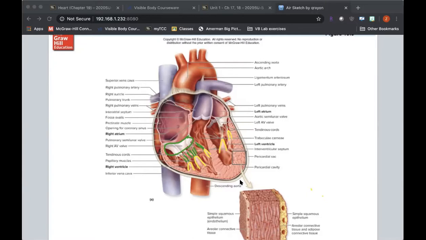We've already talked about the semilunar valves here. These are at the base of the pulmonary trunk and the aorta, and they prevent backflow of blood from the pulmonary trunk into the ventricle.